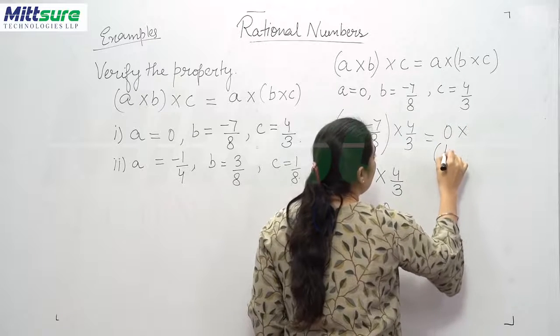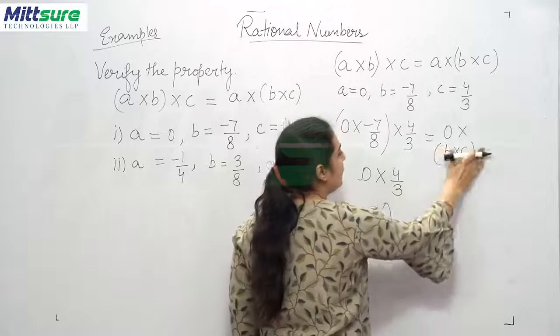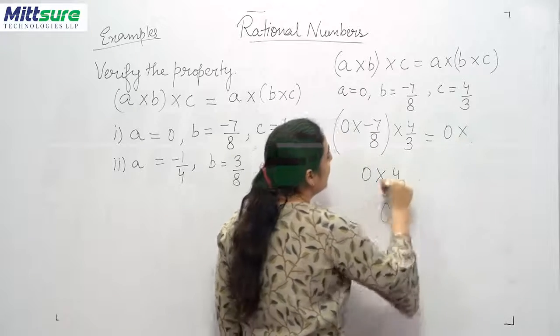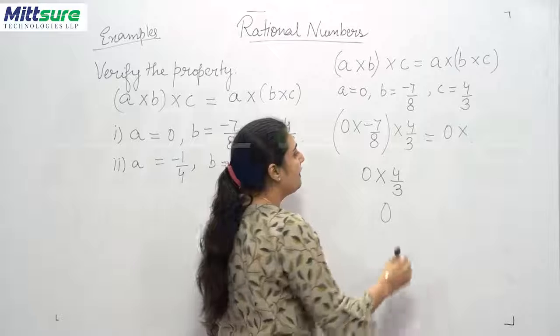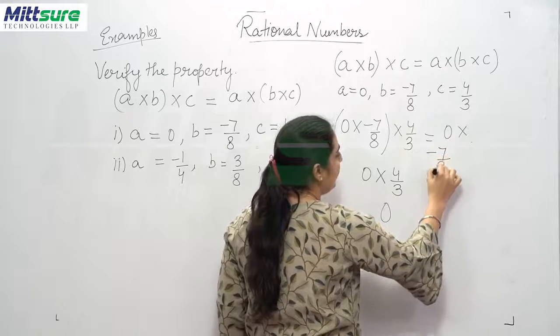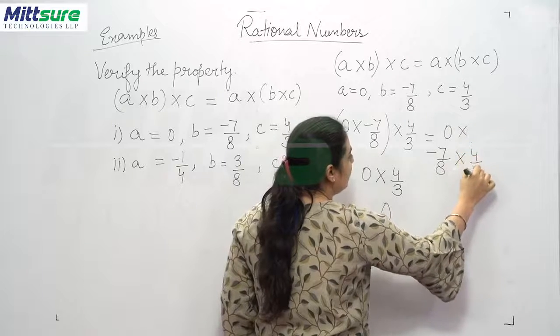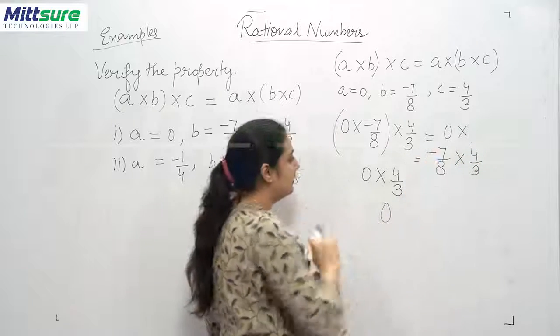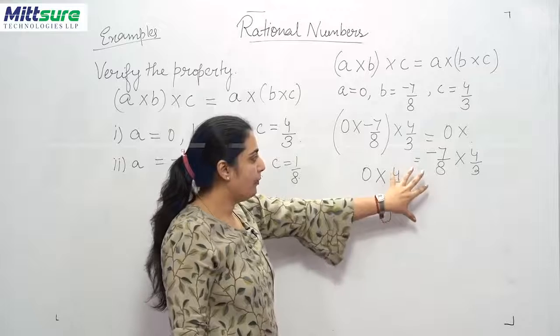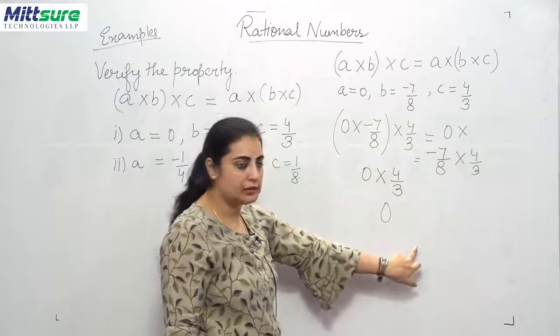Multiplied by B into C. Now I will be substituting the values. What will be the value of B? Minus 7 upon 8 multiplied by 4 upon 3. I have a little less space here, so I hope it is visible to you. I want the equals to sign below the equals to sign.